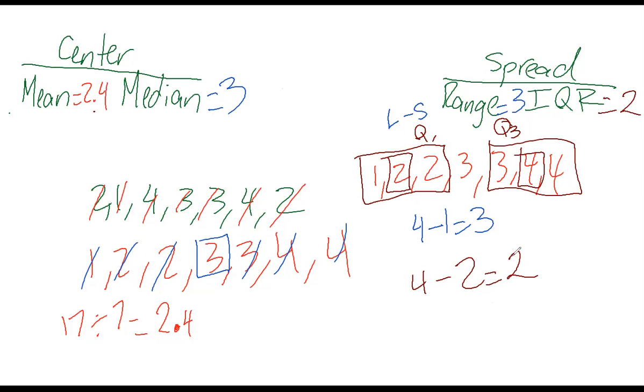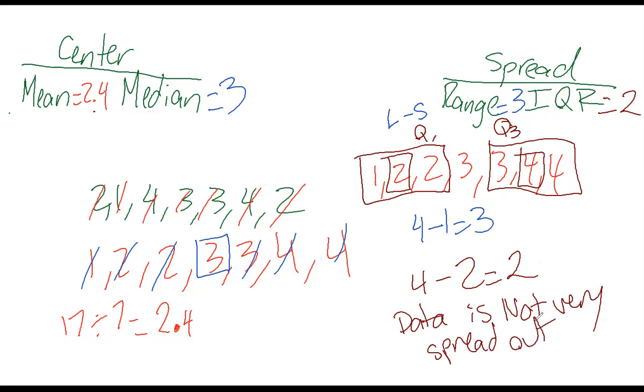And then if we look at the middle of the top half and the middle of the bottom half and subtract, we get 2. Since these numbers are relatively small, 3 and 2, that tells us our data is not very spread out. Our numbers are pretty close together.